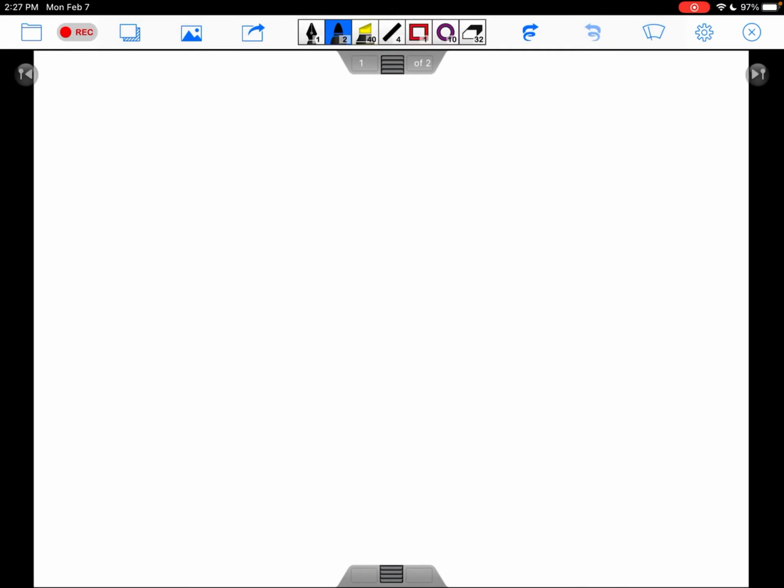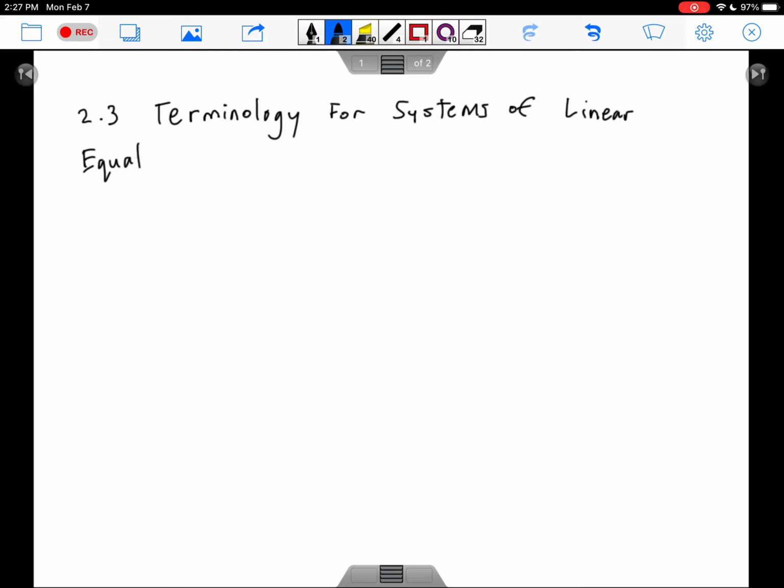Hi everybody. We're going to be doing section 2.3, terminology for systems of linear equations. So we're going to begin with a definition.